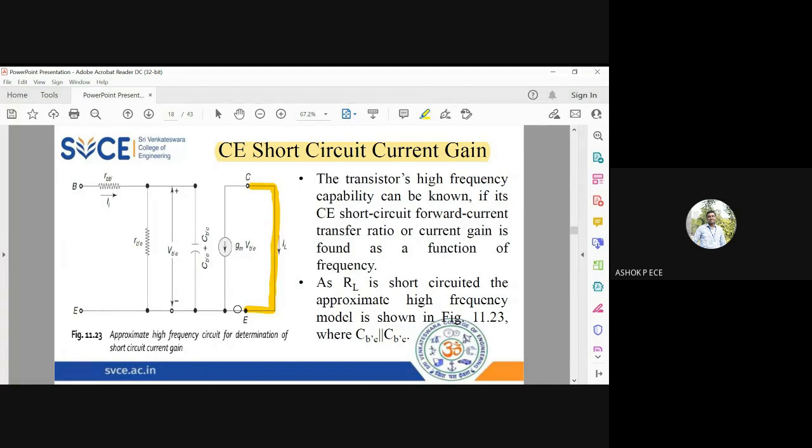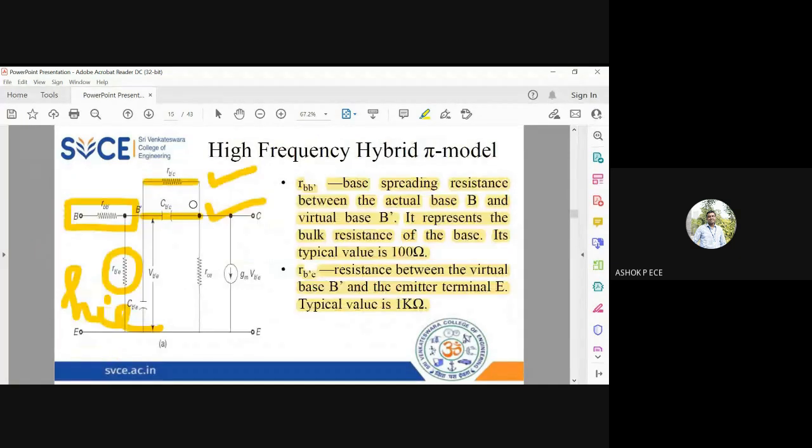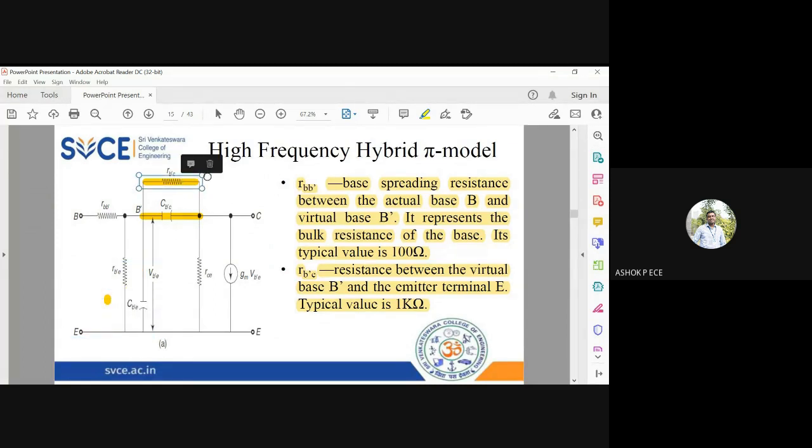So if I short circuit my load, in this diagram you see, already you have one resistance RCE here, right? So RCE parallel to 0. What is RCE parallel to 0? What is anything parallel to a short circuit? What is the effect if you short circuit a resistance? Here you have RCE. Here I am going to have a short circuit.